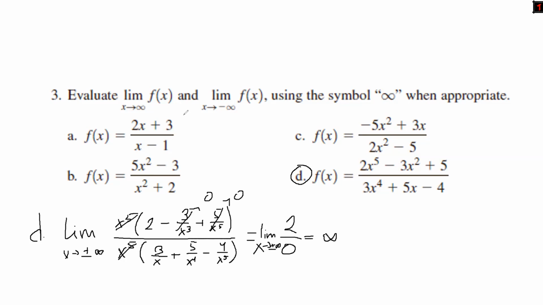Read the description: evaluate limits as x tends to infinity using the symbol infinity when appropriate. And this is a case when the limit equals infinity. Remember, it means that as x travels to infinity, infinitely growing or infinitely decreasing, y would travel to infinity as well.